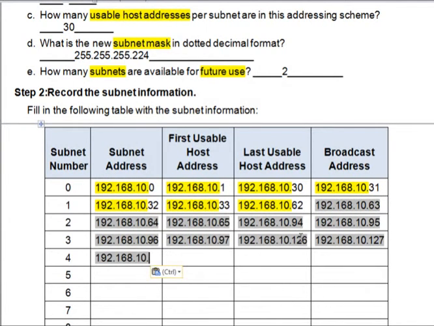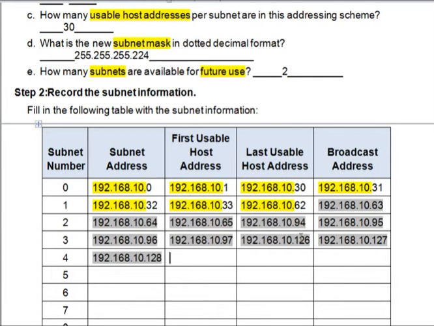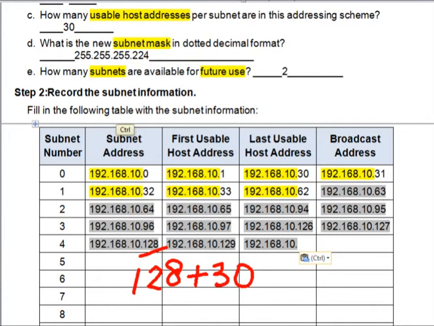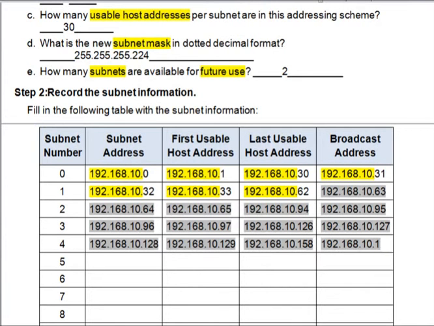Subnet 4, 128 is the network address, first usable host address is 129, and the last usable host address is 128 plus 30, which will be 158. Okay, and the broadcast address will be 159, and so on.